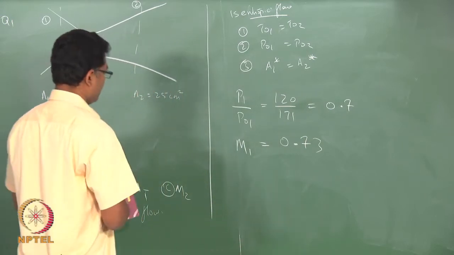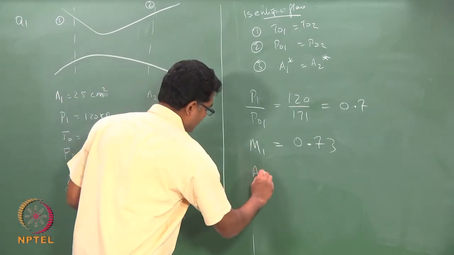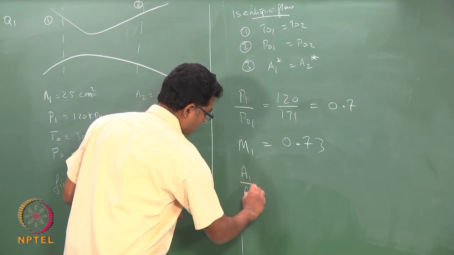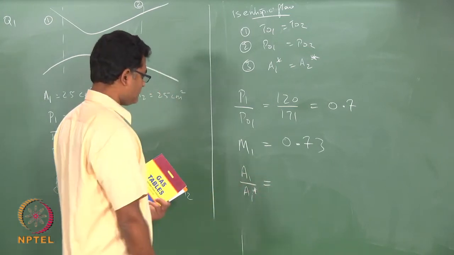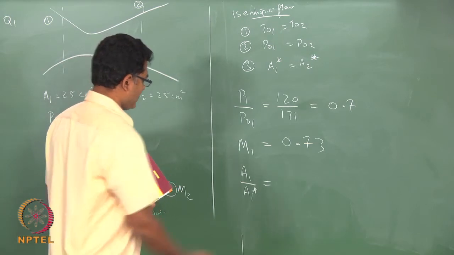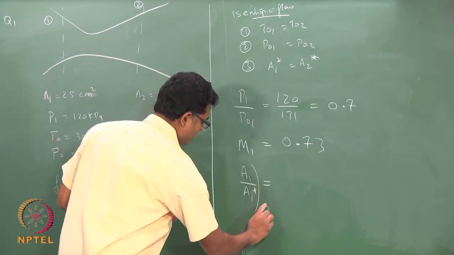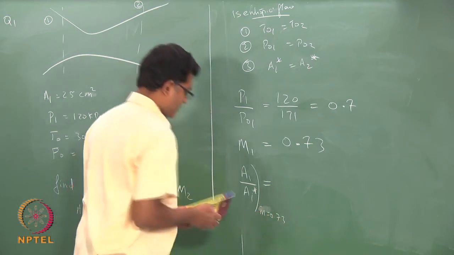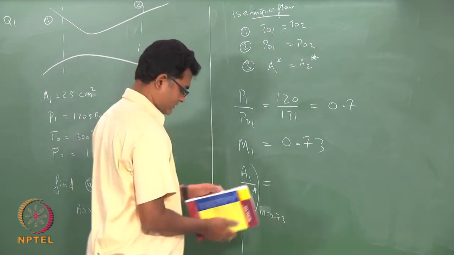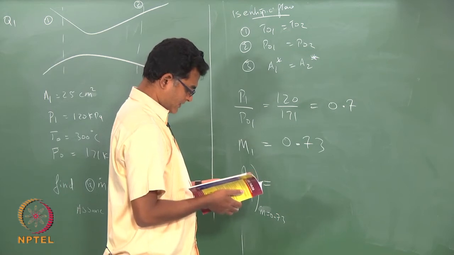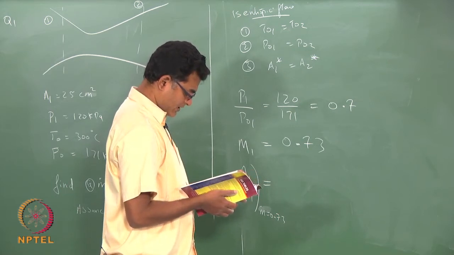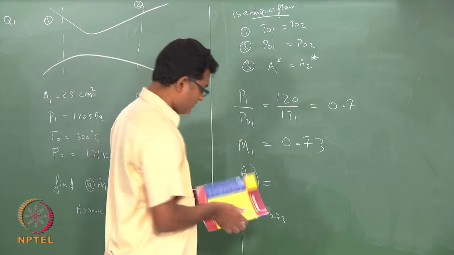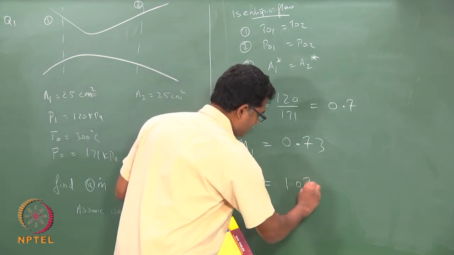At Mach 0.73, I look at the tables, and my A by A star is given as 1.074.